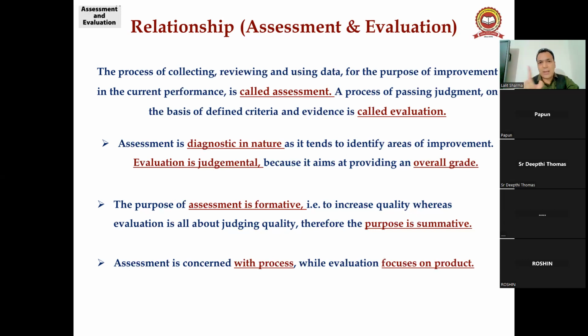Look here, you have to underline the word current. The word current is always associated with assessment. A purpose of improvement in the current performance is called assessment, and a process of passing judgment on the basis of defined criteria and evidence is called evaluation.